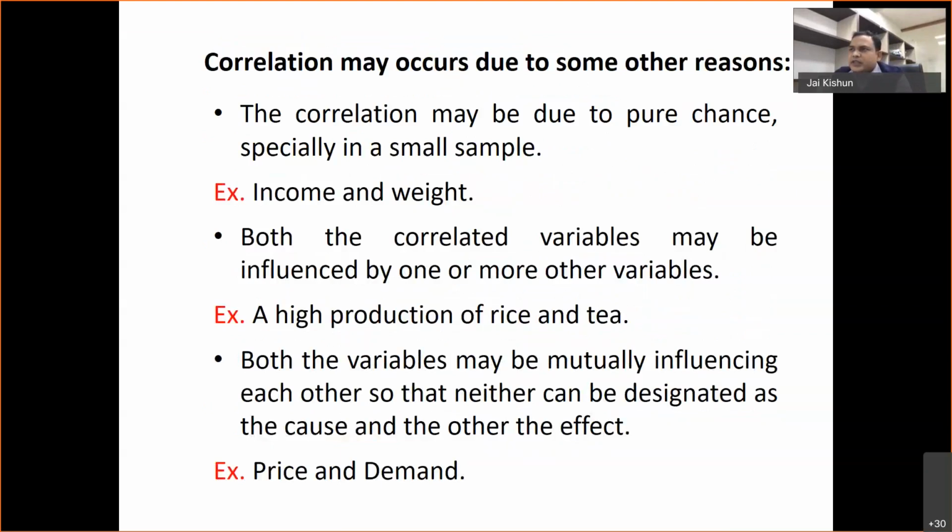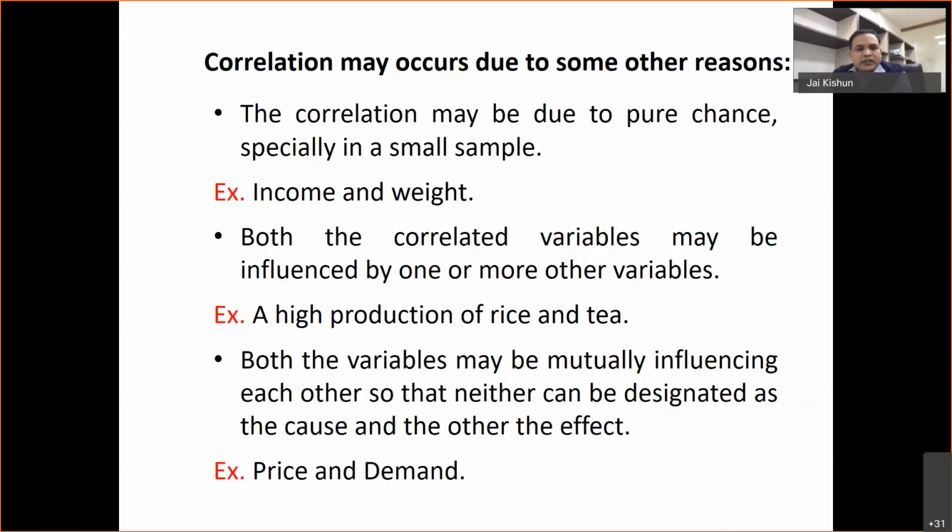The first reason is that correlation may occur due to pure chance, especially in a small sample. Here we have given the example of income and weight. Suppose you have collected some data, and you find that the income of people is increasing, and their weight is also increasing.